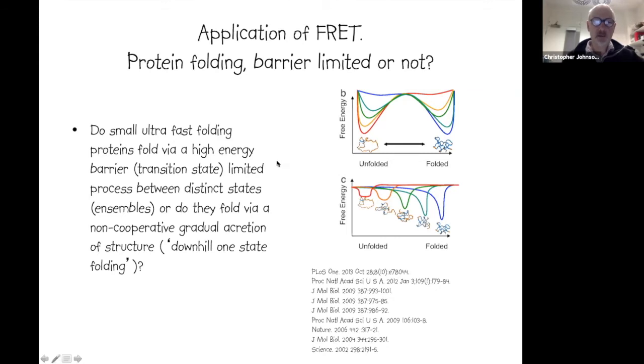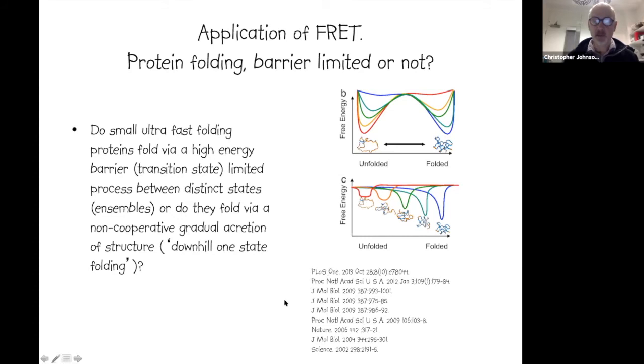There was a lot of argument about whether these proteins folded via a mechanism with a high energy barrier or transition state between the folded and the unfolded states, or whether they folded via a non-cooperative gradual accretion of structure. The argument that they fold via a transition state became known as two-state folding, and the counter argument that they fold without an energetic barrier became known as one-state folding or downhill folding.